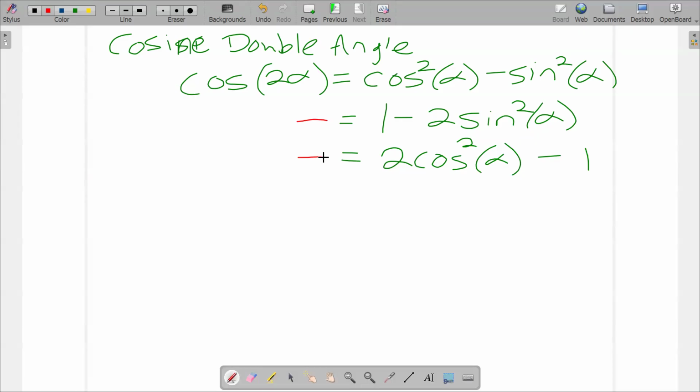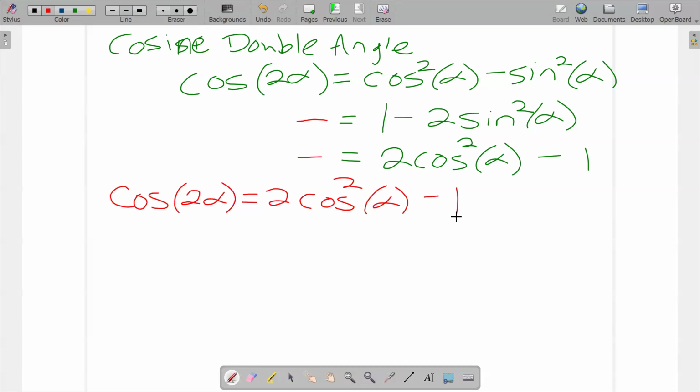So what I want to do is take my cosine of 2 alpha equals twice the cosine squared of alpha minus 1, and I want to solve that for cosine squared. So I'll add the 1 to the other side. So I'm going to get cosine of 2 alpha plus 1 equals twice cosine squared of alpha.